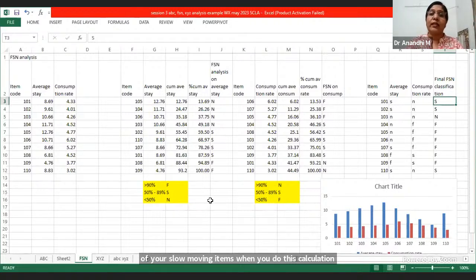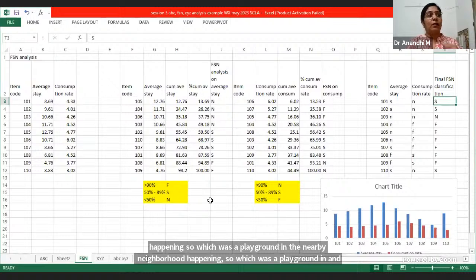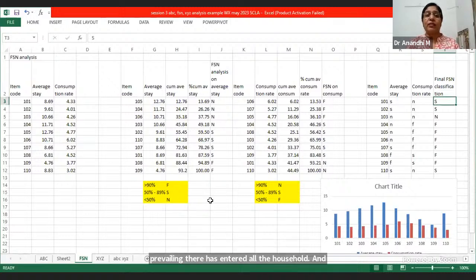Who knows, suddenly there may be a cleaning process in the nearby neighborhood, which was a playground then, and the rats prevailing there have entered all the households. And one fine day, suddenly the demand spikes up for rat poison and rat mesh and all that. So that has to be predicted. Again, that goes with forecasting.